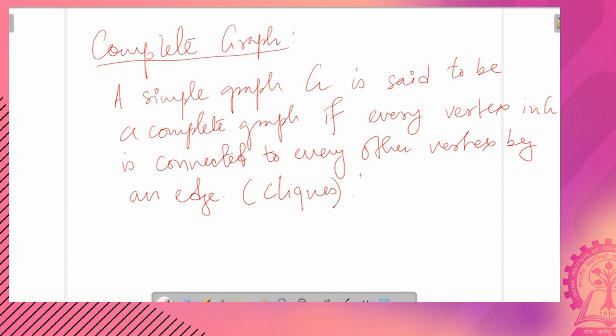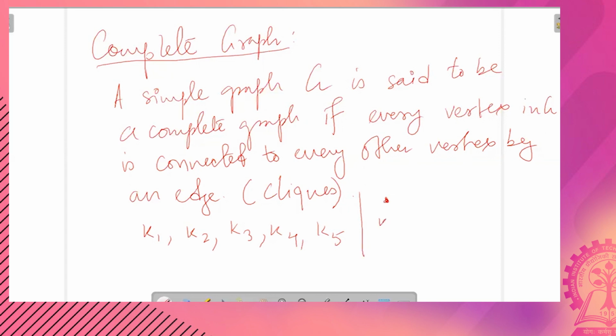and some of the known complete graphs which come in handy in various applications, as we will see in higher graph theoretic courses, are K1, K2, K3, K4, K5. They look as follows.